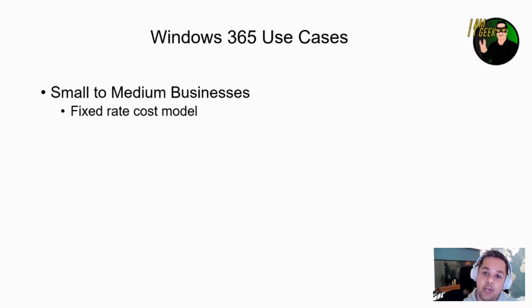With a consumption based model, like I said, it can change from month to month depending on your usage. But with a fixed rate, that amount goes out every month, and it lets you predict your costs a lot better for the year. It lets you manage your finances better. That's why smaller to medium businesses are probably drawn towards Windows 365 more.